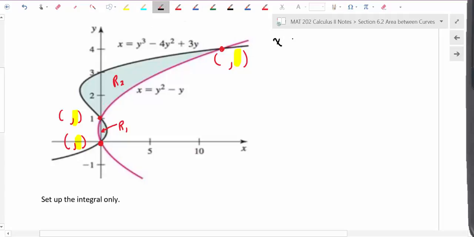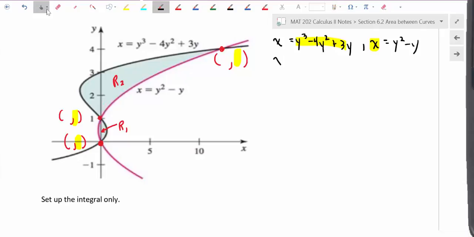So we have x equals y to the third minus 4y squared plus 3y, and the other curve solved for x is x equals y squared minus y. See, these are solved for x, so it's set up for a dy integral. Set these equal to each other. Again, this is what x is. That plugs into the x of the other equation. So we'll have an equation that we need to solve.